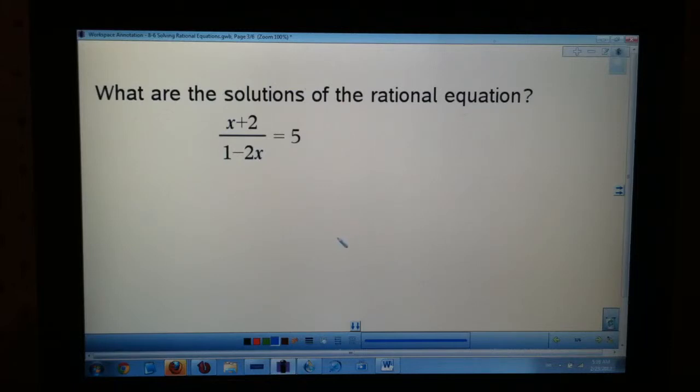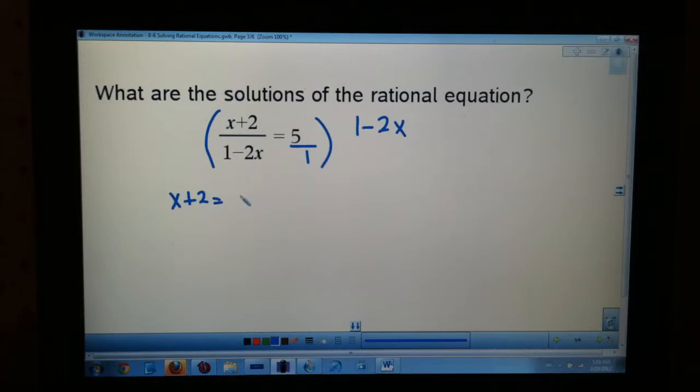Okay, so looking at this, solution of the rational equation. What is our denominator here? It's a 1. And so now our common denominator is going to be 1 minus 2x. When I multiply it on the left side, it just gives me the x plus 2.